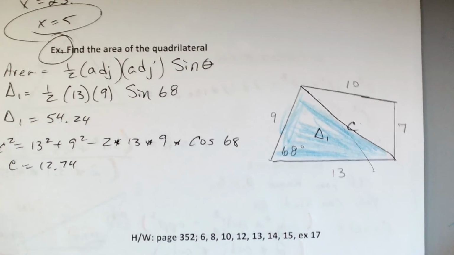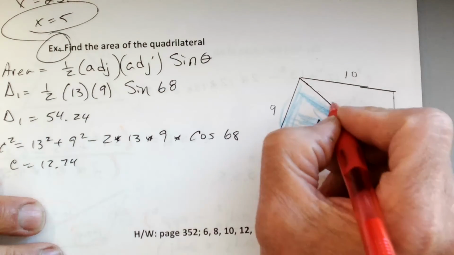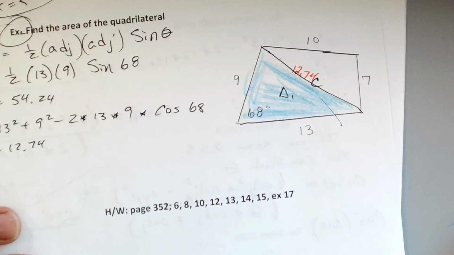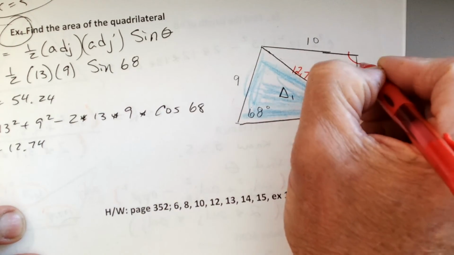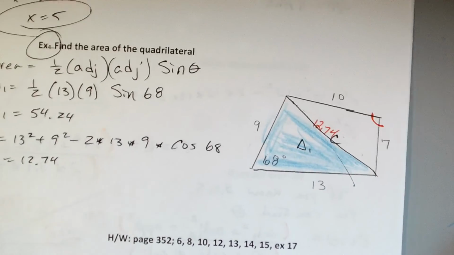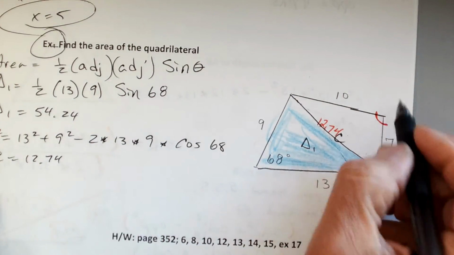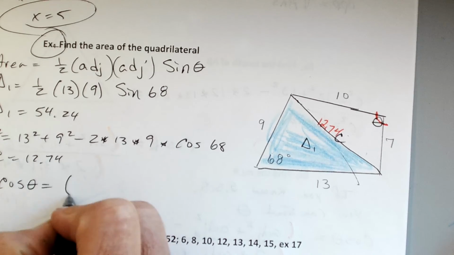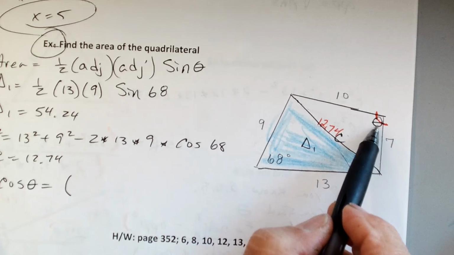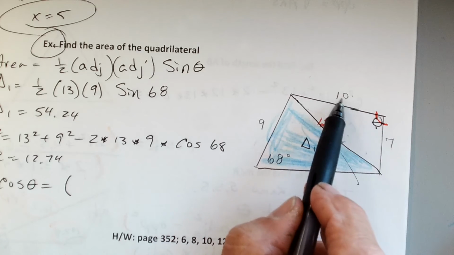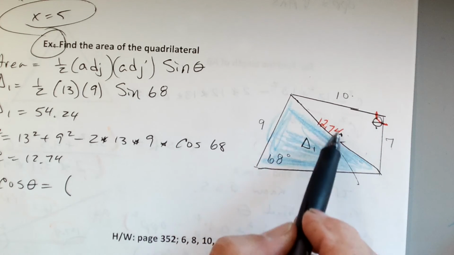Whew, it's a hard problem, huh? Okay. Now what am I going to do? Well, if I can find this angle here, again with the law of cosines, if I have side, side, side. Love these problems. They're so involved. Let's call it theta. So cosine of theta equals parentheses. If that's my angle, then these are my two adjacent sides, and that's my opposite side.